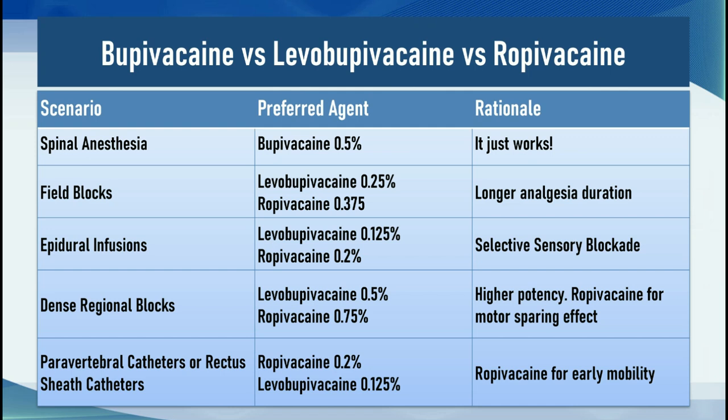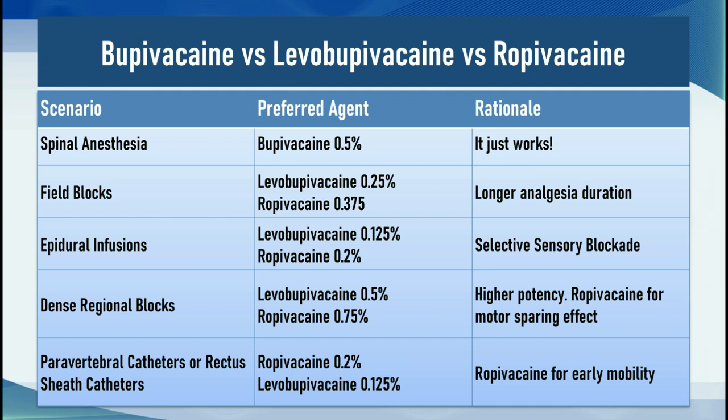For field blocks, where we are looking for a long analgesic duration, so this is a rectus sheath block, a TAP block, or equivalent, we will use either 0.25% levobupivacaine or 0.375% ropivacaine. For epidural infusions, levobupivacaine 0.125%, usually with fentanyl, is used.